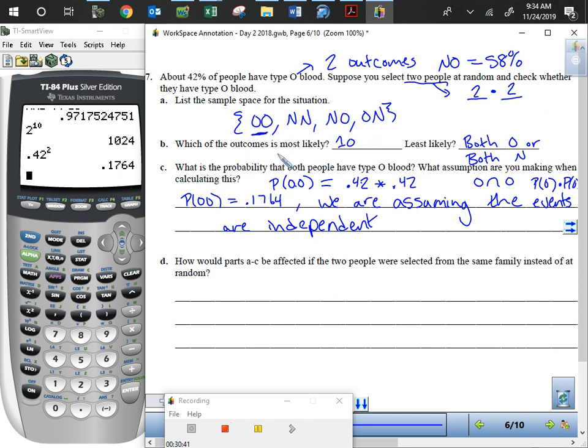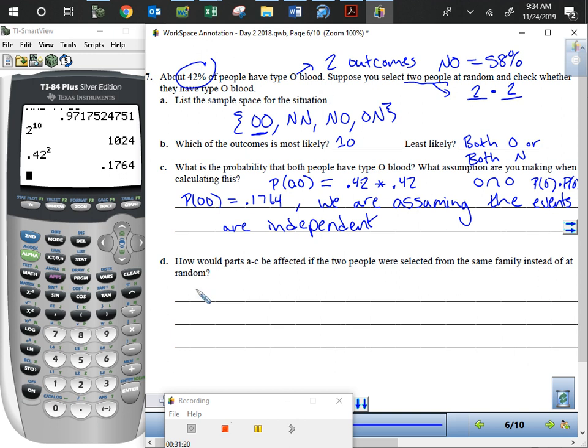But if we think about outcomes being most likely or least likely, it's really going to be dependent on that percentage, because instead of all people having type O, it's way more likely that the second person, if they're in the same family, has the same type as the first person.